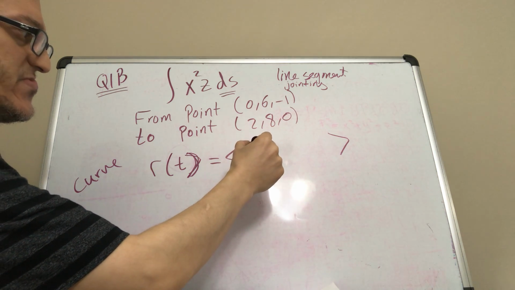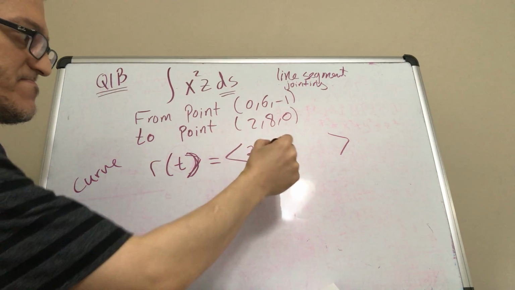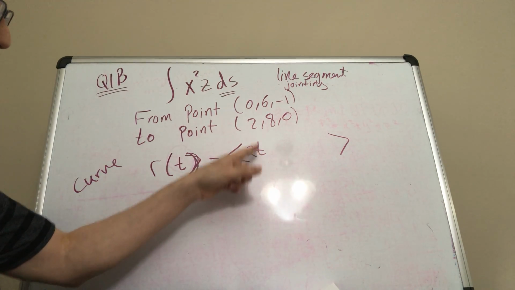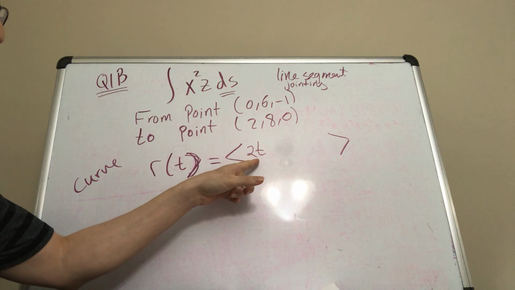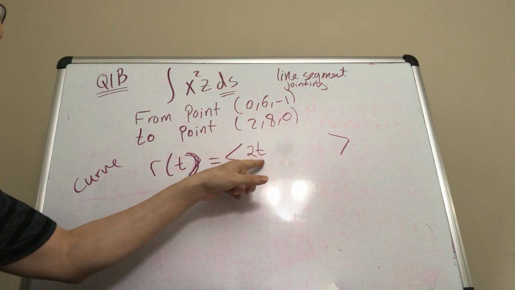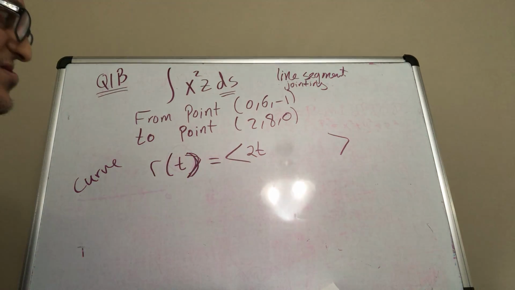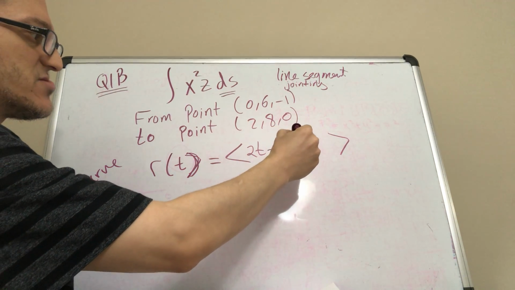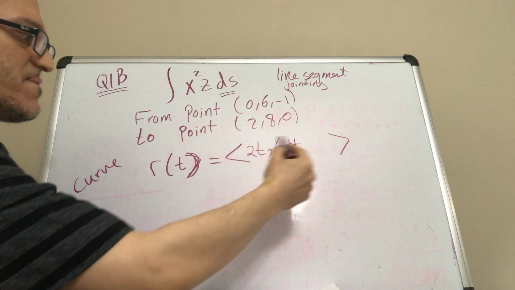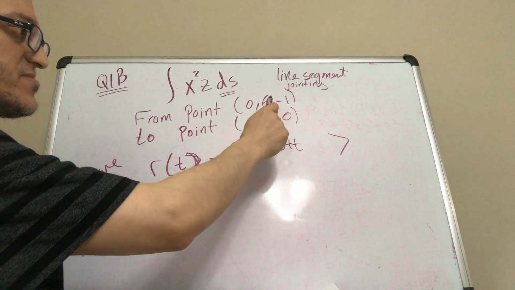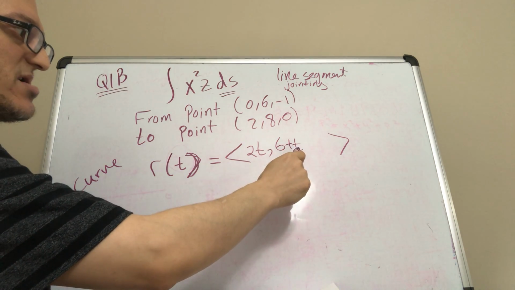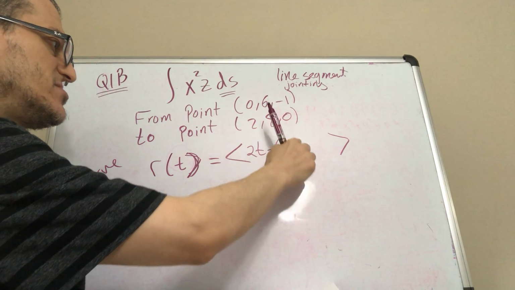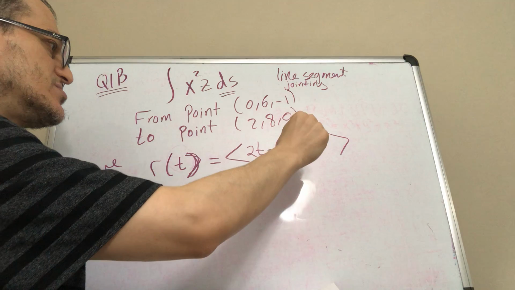If I put for the first one 2t, what happens when you plug 0? Gives you 0. What happens when you plug 1? Gives you 2. So the first one is 2t. Second one, let's try 6 plus t. Plug 0, gives you 6. Plug 1, it doesn't work, gives you 7. So maybe we need to change this to 2t.